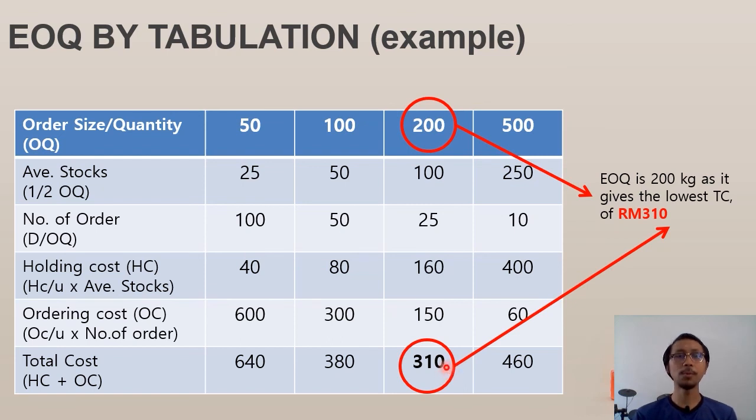Okay. So what will be the EOQ order quantity of this 310 ringgit? It is 200 units. Therefore, as a conclusion, the EOQ for Aunty Mini is 200 kg, as it gives the lowest total cost of 310.